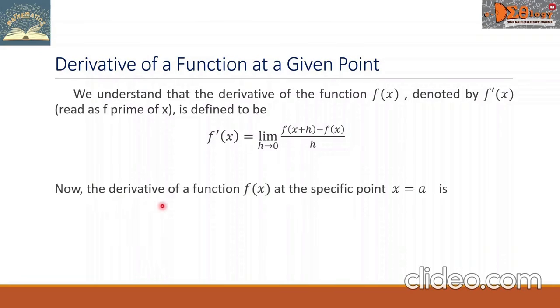Now, the derivative of a function f of x at the specific point x equals a is f prime of a, and the formula is the limit of f of a plus h minus f of a all over h as h approaches 0.